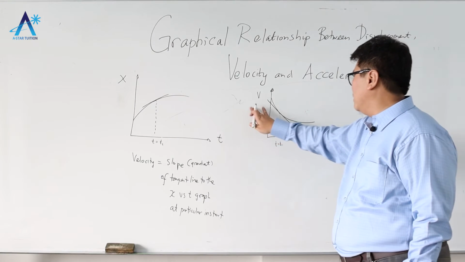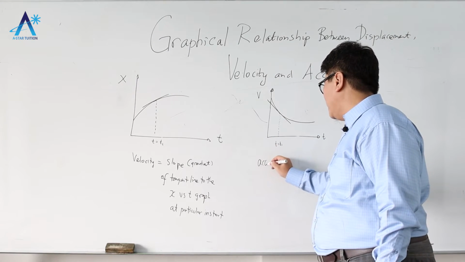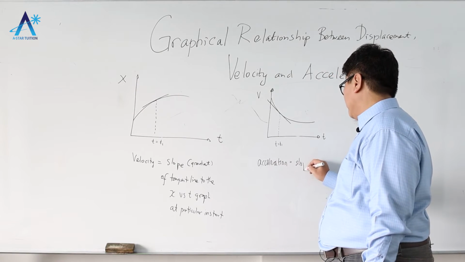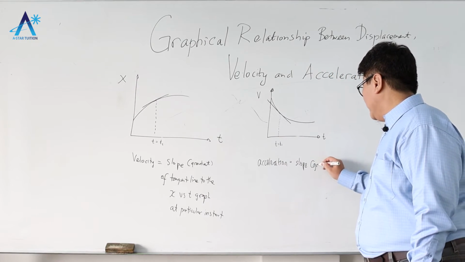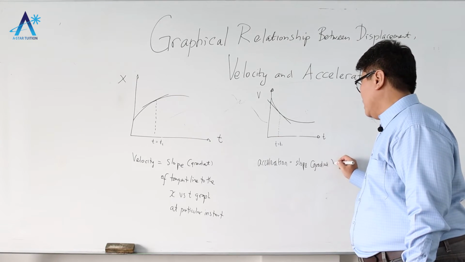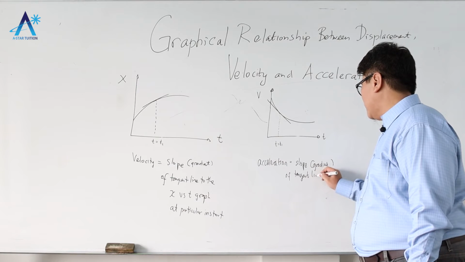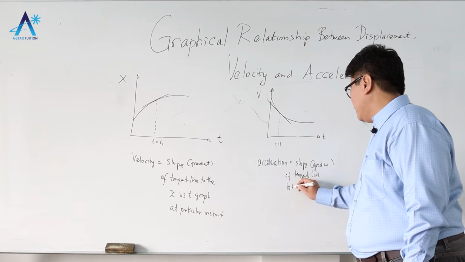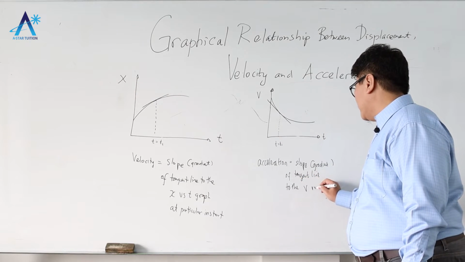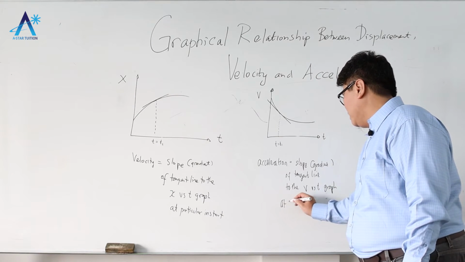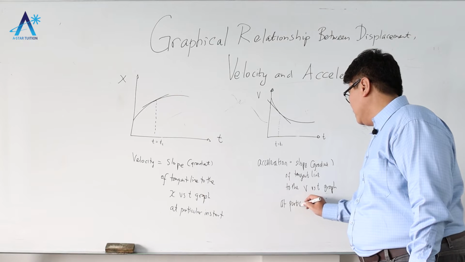So you can say that the acceleration is equal to the slope or the gradient of the tangent line to the velocity versus time graph at a particular instant.